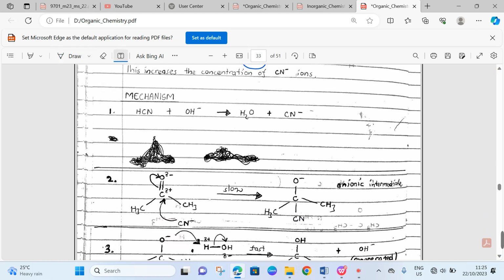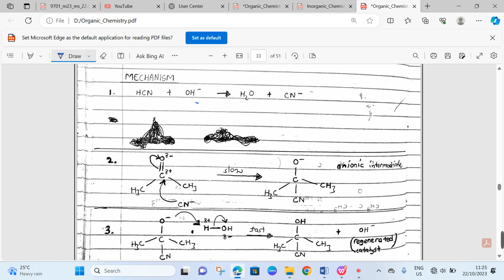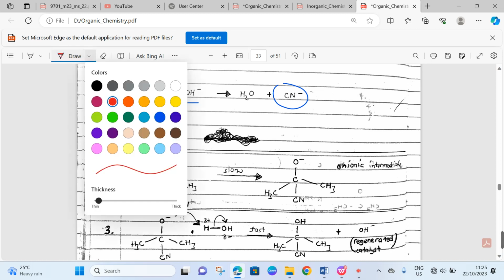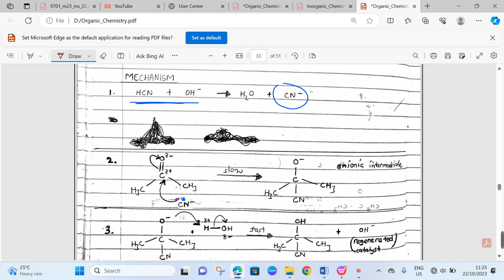So as far as the mechanism is concerned, this is the first step that we just did. You produce your cyanide ions. And now this nucleophile has a lone pair of electrons on it, which attacks the carbon. Let me use a red marker, the red ones here. These lone pair of electrons are attracted to the partially positive carbon atom.